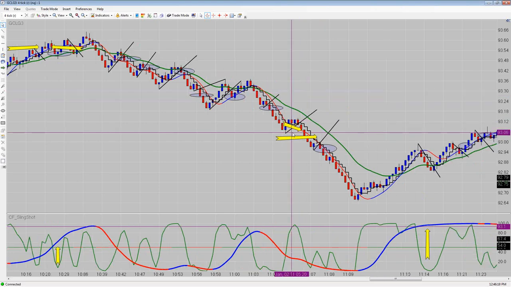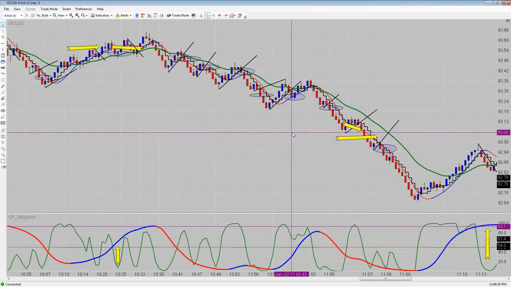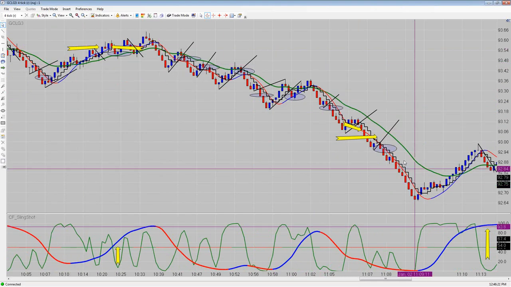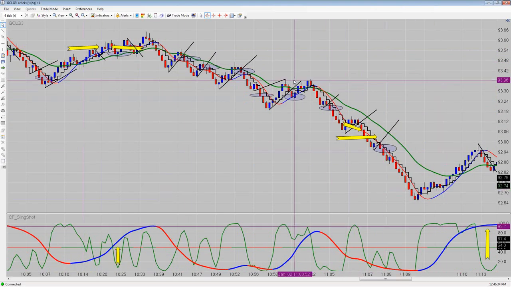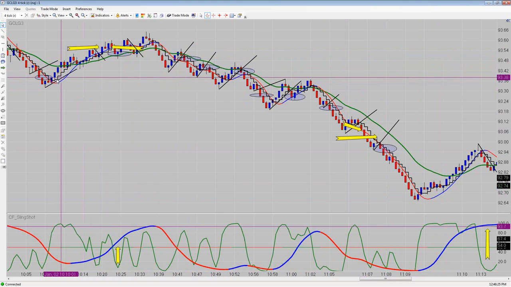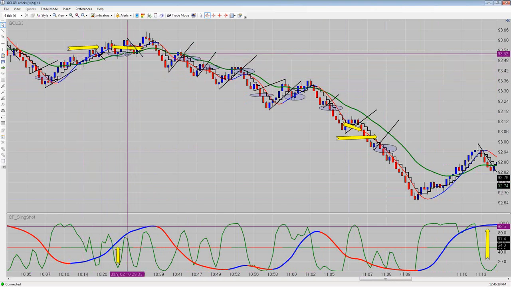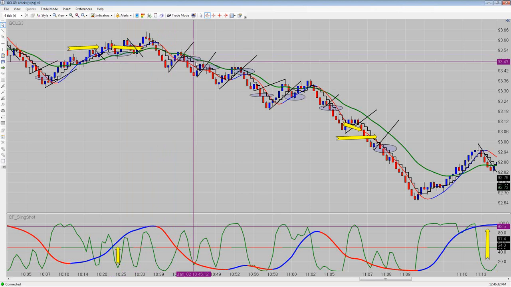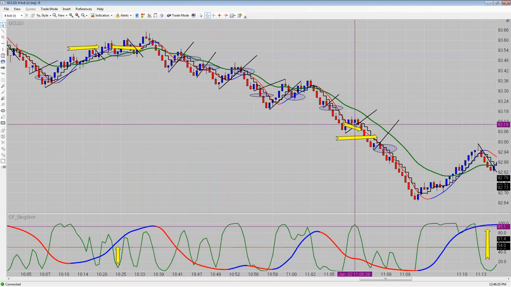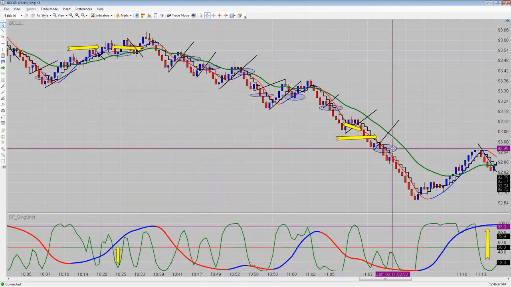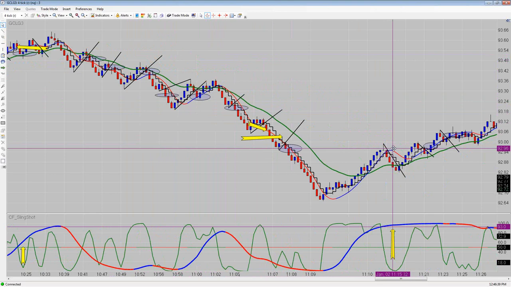But no, I don't think I took this many trades altogether. I traded 5 markets, and I'm not sure I took, this is what, 1, 2, 3, 4, 5, 6, 7, 8, 9, 10, 11. I don't know that I took 11 trades this morning.